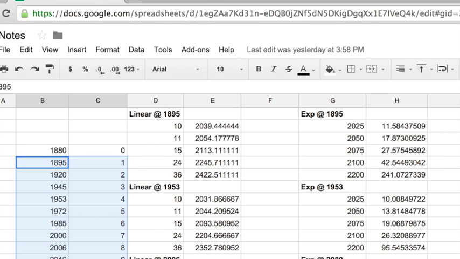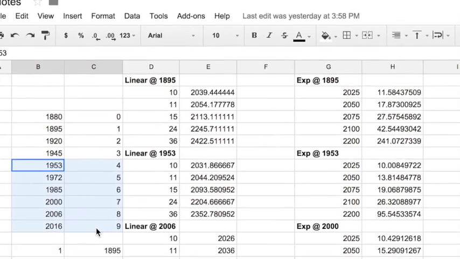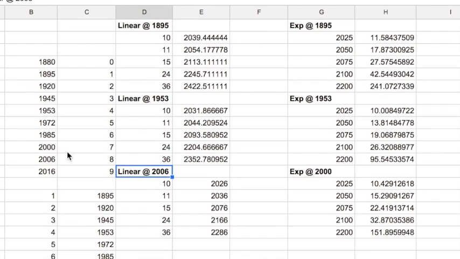I had it analyze that data, and then based on that linear trend line, look at when it would hit 10 inches, 11 inches, 15 inches, 24 inches, 36 inches. And here are all the years. And I did that same thing, except down here I just looked at the data from 1953 onwards. And from here, I looked at the data just from 2006 to 2016. So just 2 data points for this last one.